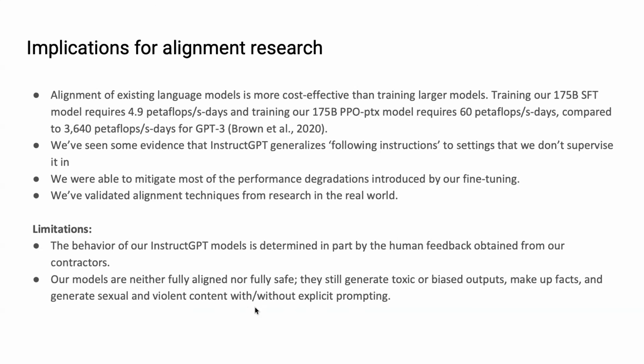The user can ask the model to generate violent content, or even if the user does not provide the instruction in the prompt, the model may still generate violent content just because it has seen it in the training data sets. So I think there will be more work around how to improve the truthfulness and reduce bias, and also how to prohibit violent content in its outputs.